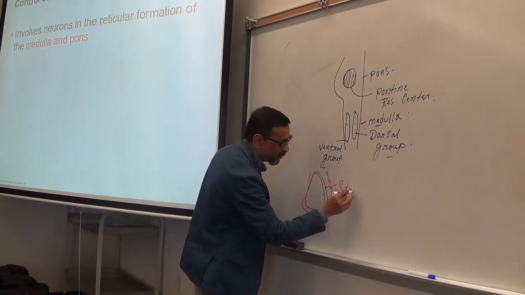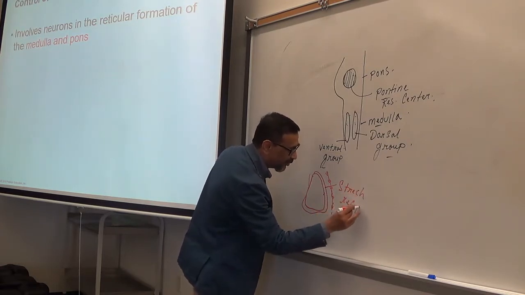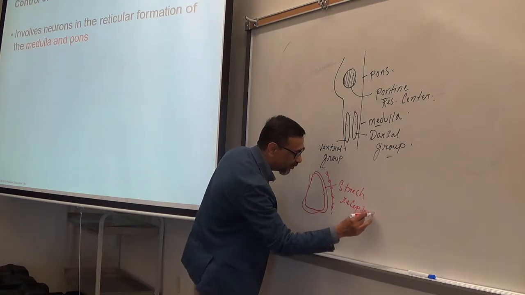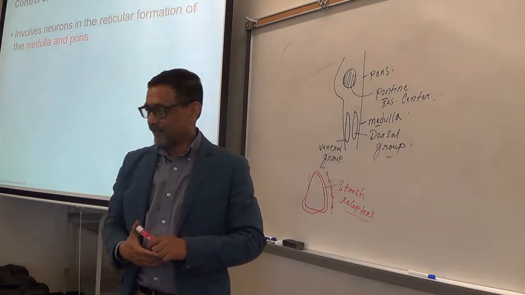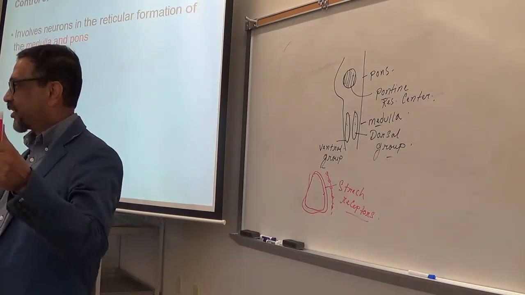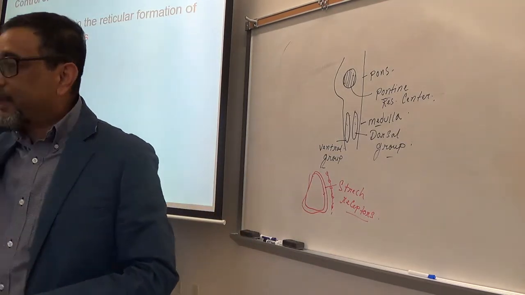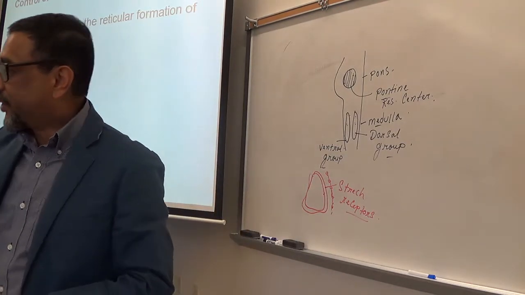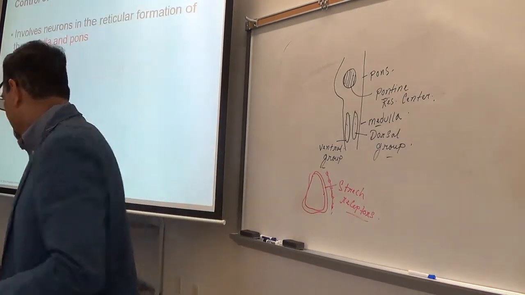Called stretch receptors. Activated by what? Pressure, right? Stretch receptors are present in the pleura, that means covering of the lung, in the chest wall, as well as in the lung tissue itself.